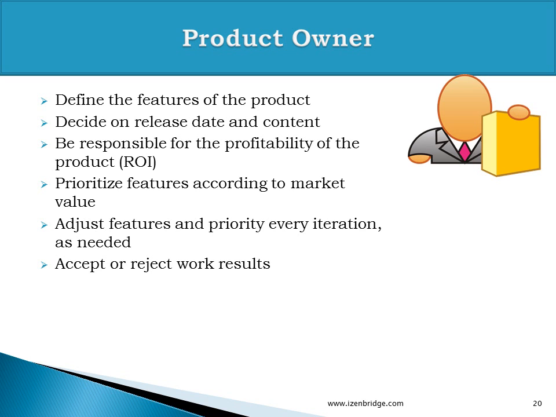So he needs to negotiate, he needs to work with the external world and then take a final call on the priorities. For the team, he is the one who tells which is required now and which is required later. But in turn, he may take inputs from many stakeholders.